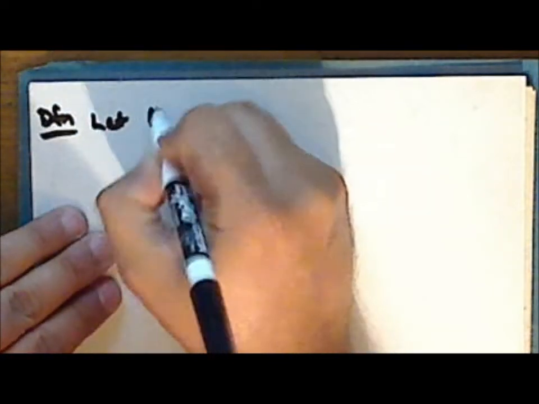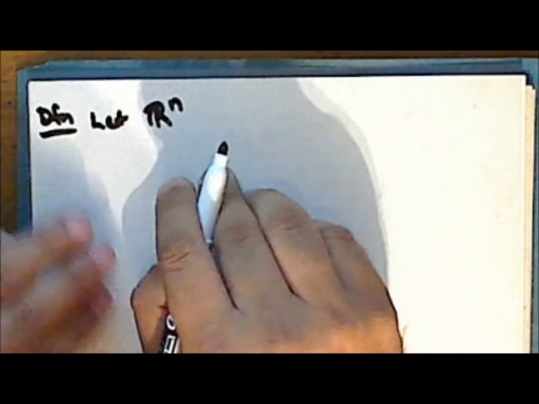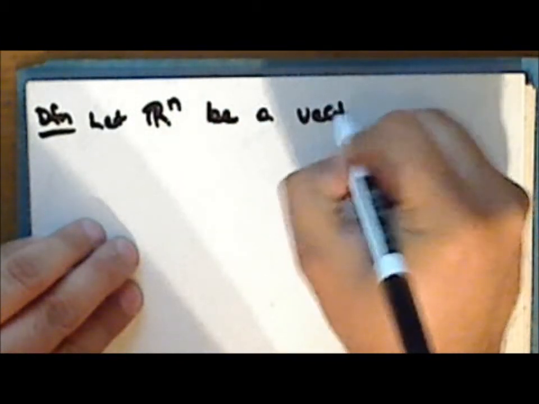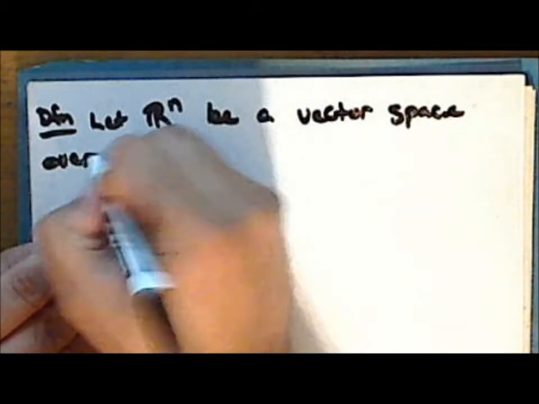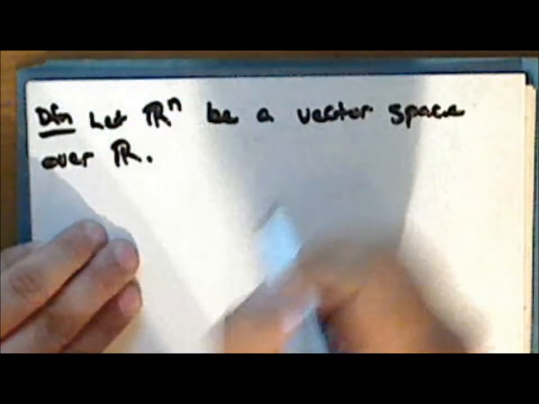So new definition. Let n-dimensional real space be a vector space over the scalars consisting of real numbers.